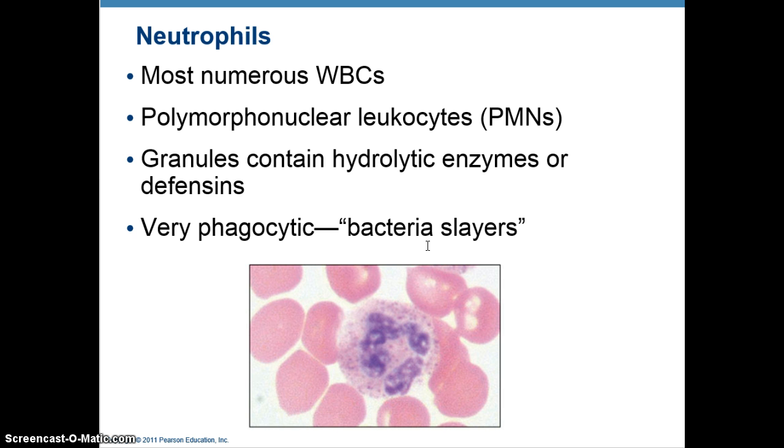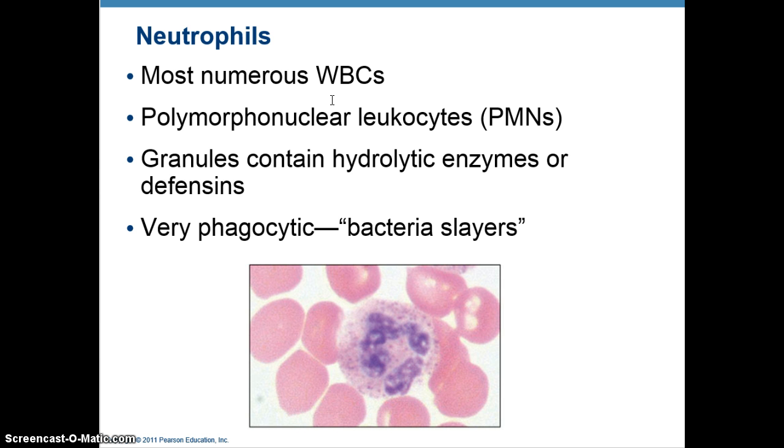In our lab, they are not going to have this reddish purple, very small dots in them. They are going to look like they have nothing in their cytoplasm. So they're going to be this funky shaped nucleus with clear purple cytoplasm. Because of the funky shaped nucleus, they are sometimes also called polymorphonuclear leukocytes, which means many different shaped nucleus.